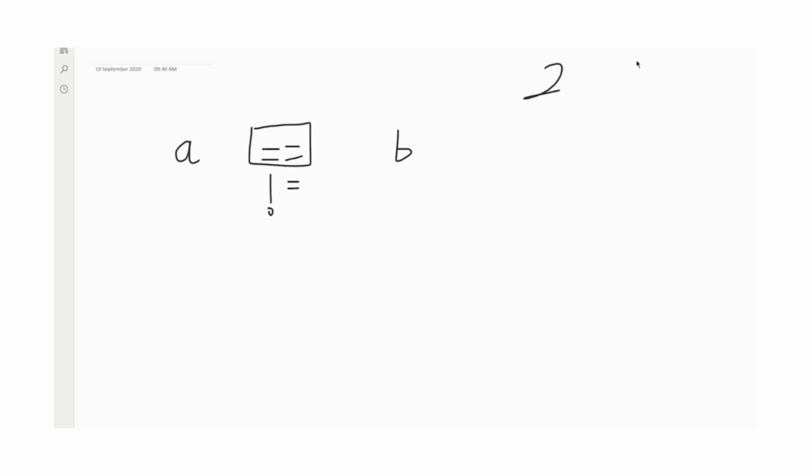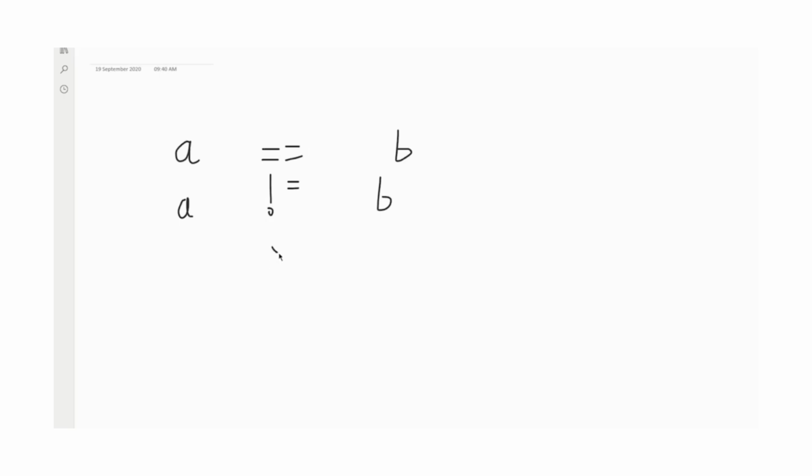So 2 and the string 2, although they are the same in value, do not have the same type. So these would be different, and this whole operation would return false. Not equal to is used to check if A is not equal to B, and if that condition is met, it returns true.